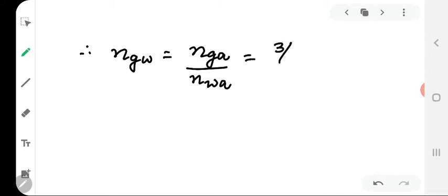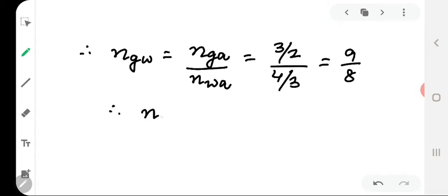As per the given values, these are 3 by 2 and 4 by 3. So on solving, we get this to be equal to 9 by 8. Therefore, refractive index of glass with respect to water is 9 by 8. So in this manner, we can find out a solution to this question. Now, let's solve one more question.